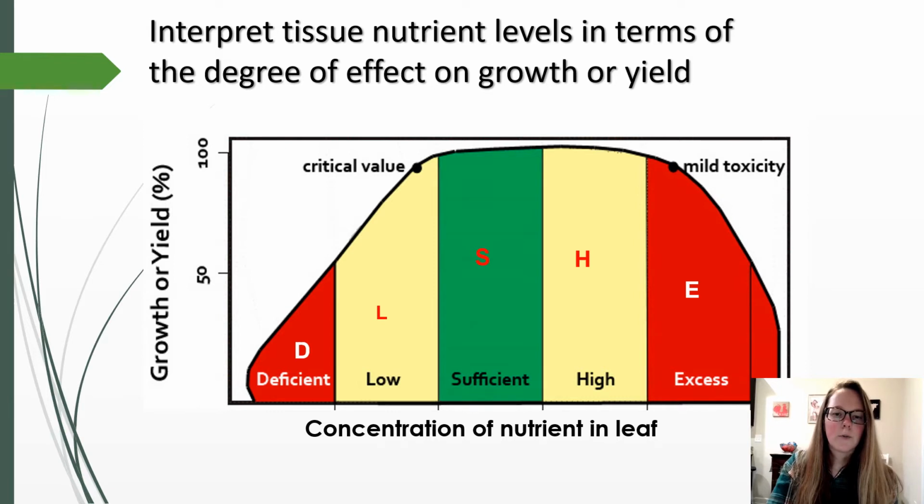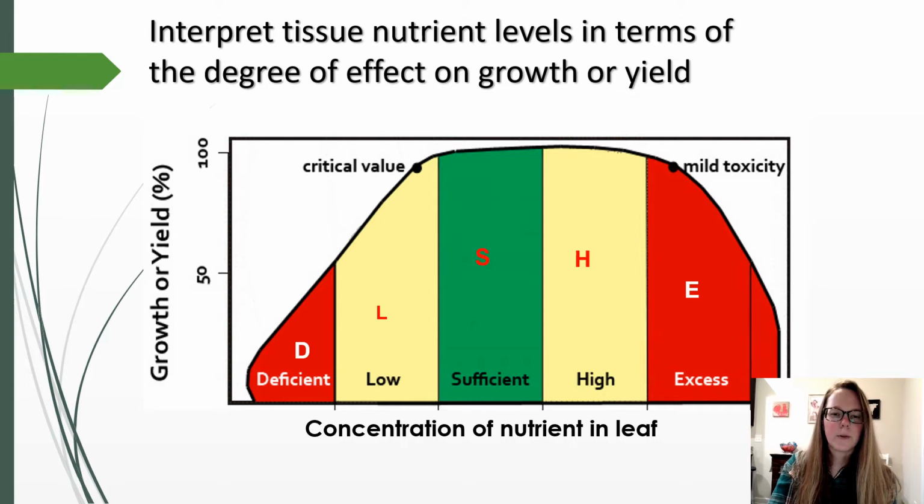This area of the response curve is called the hidden hunger area. At nutrient concentrations in this range, the plant is likely not showing outward deficiency symptoms, but is still experiencing reduced growth or yield. The green part of the curve is the sufficiency range.